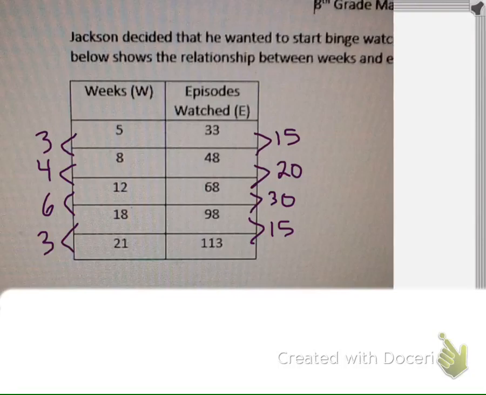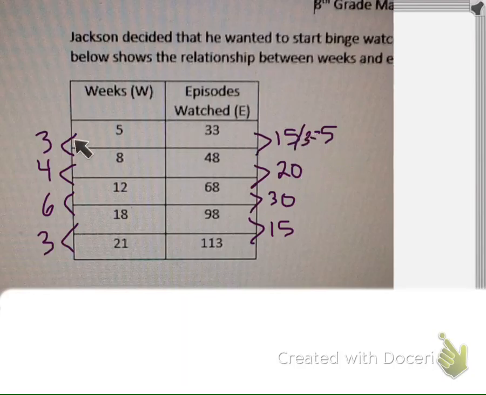Okay, since they're all different, I have to divide. So I can do 15 divided by 3 is 5. Sorry, I don't know what I'm doing. Sorry if I just confused you.